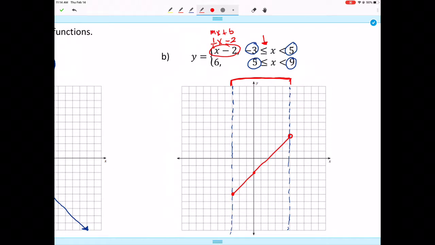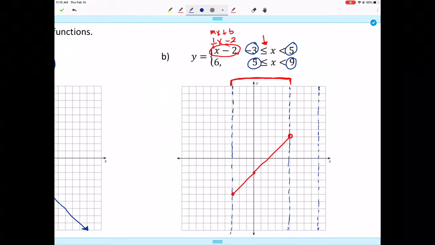The other equation goes from 5, we already have a vertical line through there, and it's less than 9, so here we put another vertical line for our other equation. And this equation is y equals 6.